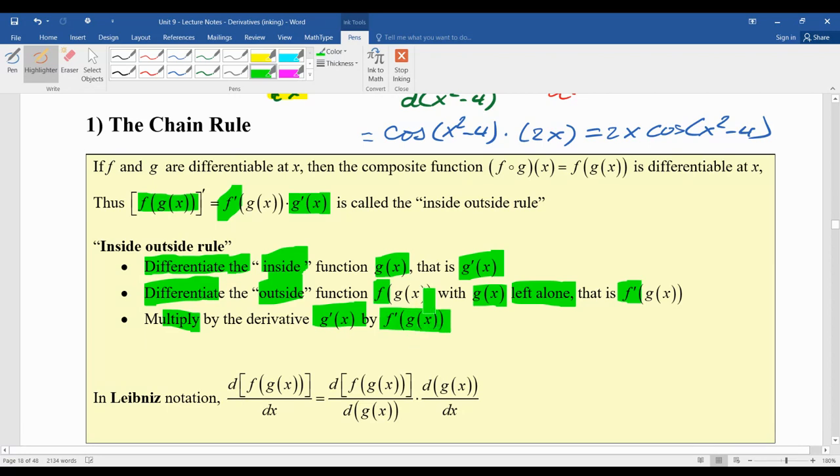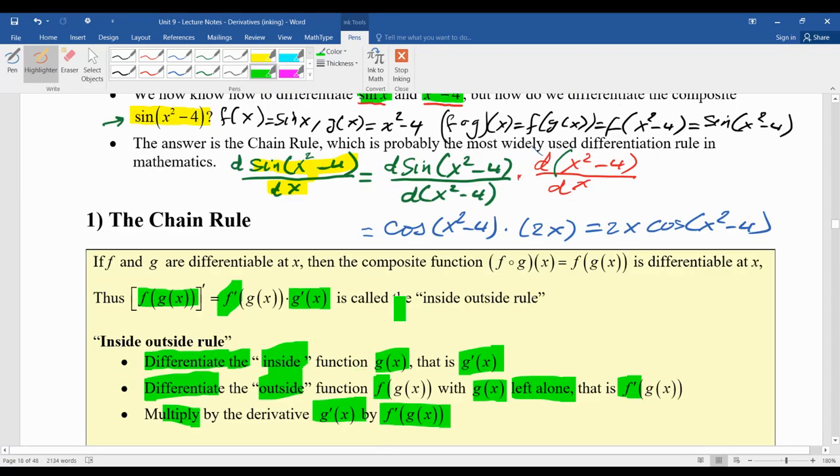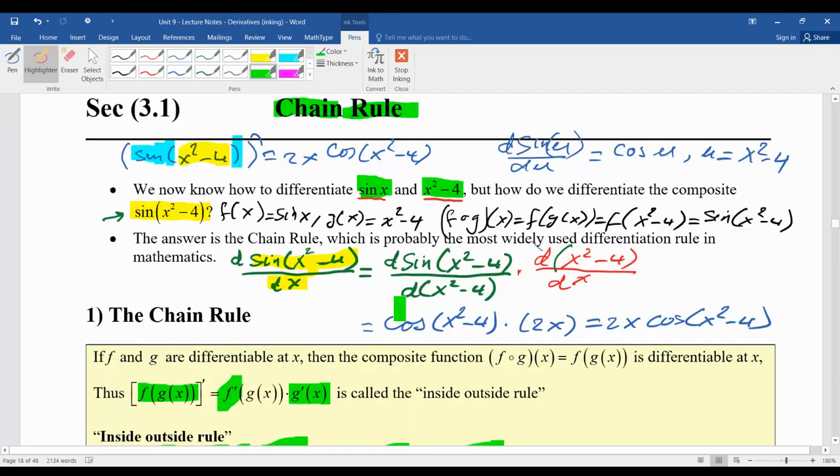And that's exactly what we did over here. We found the derivative of x squared minus 4, which is 2x, and then the derivative of the sine, which is a cosine, and then they are multiplied. It's 2x times the cosine of x squared minus 4.